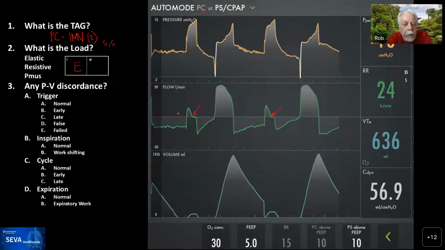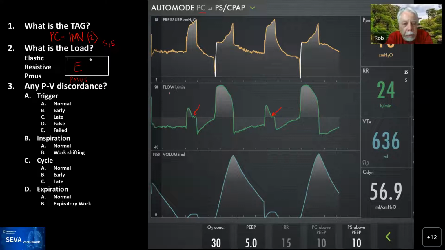We'll talk about that. Then the spontaneous breaths, the 2 giant breaths, you can't say anything about the mechanics of that because the PMUS is so big that it's overriding that. What we can just say is that that's a huge PMUS as the load that the patient has to bear or is choosing to bear in that situation.